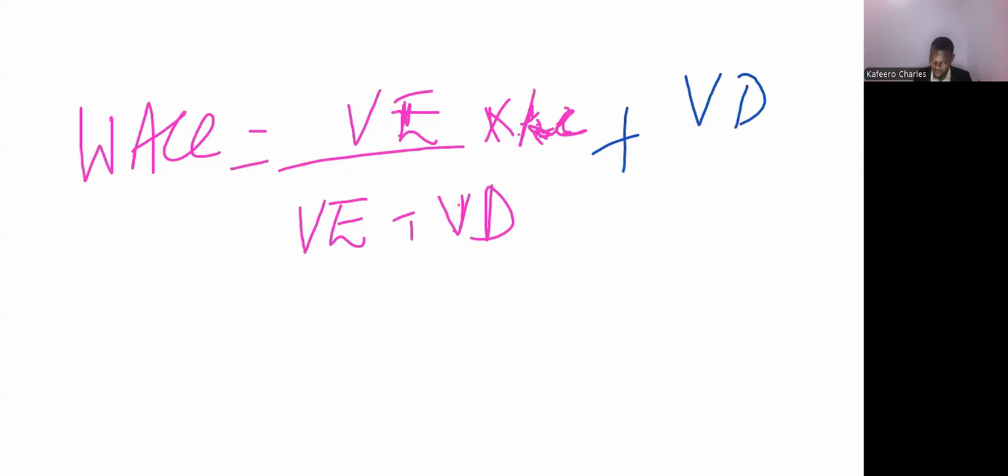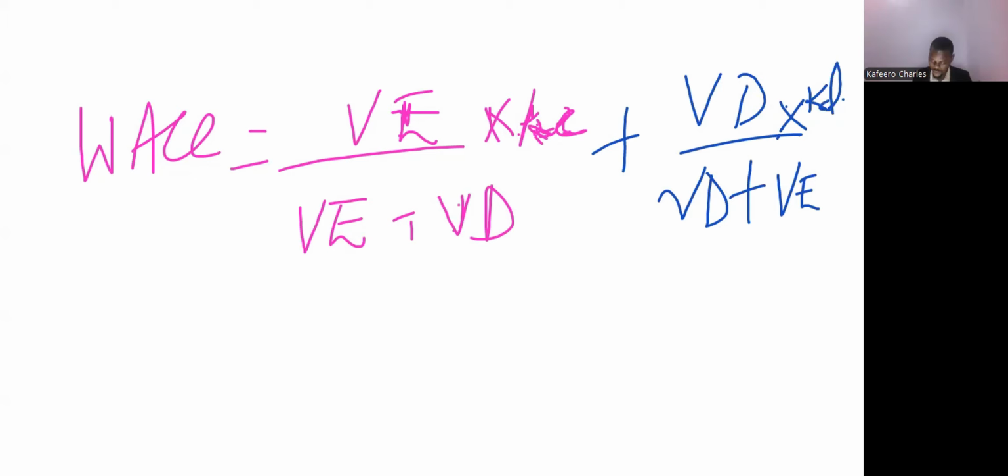And we said the formula for computing WACC is VE, that is value of equity, over value of equity plus value of debt, VD, times KE, the cost of equity, plus value of debt over value of debt plus value of equity, but this time we multiply by KD.